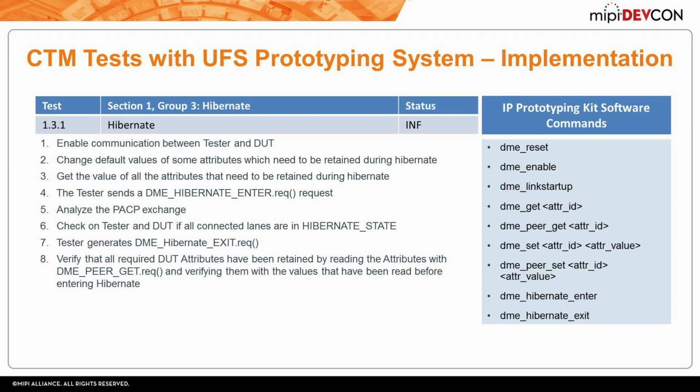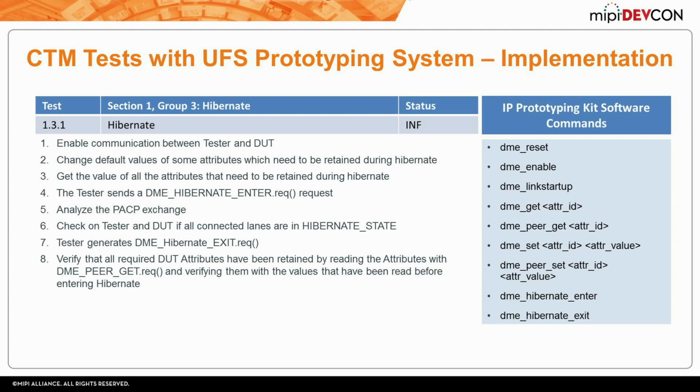Then you have the VMA get and set commands that are what you need to set and get attributes. So you can do step 2, for example, or 3. And then you have the peer commands that are exactly the same, but you can set and get attributes on the device from the host.